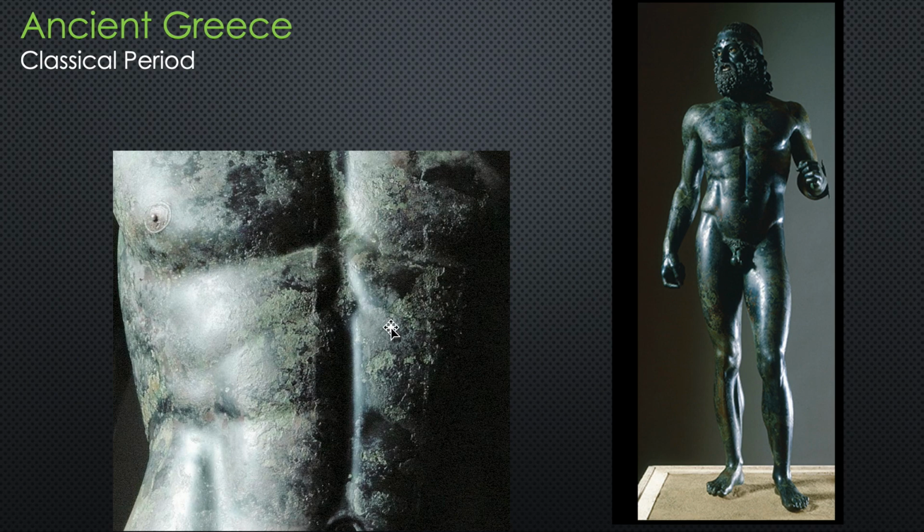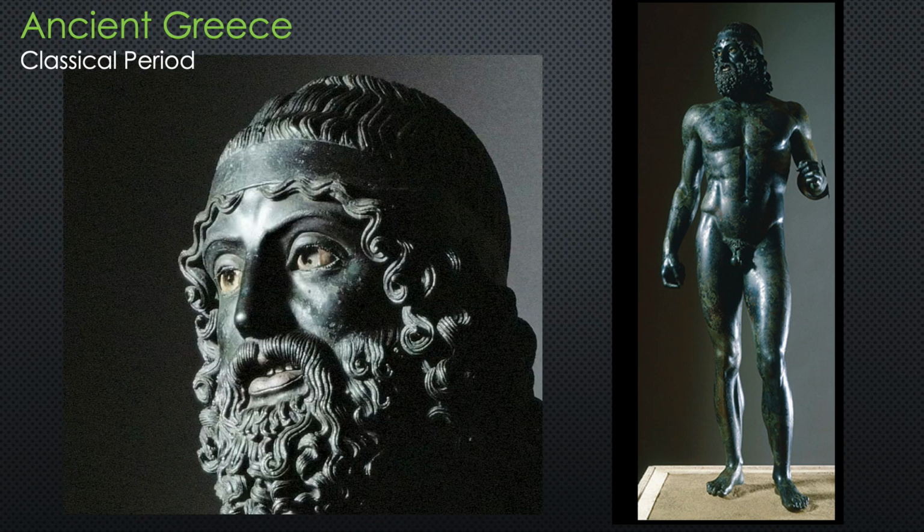Like the nipples, he made out of copper, so that when they were polished, they would be pinker than the body in general. They would have that contrasting color of copper. And on his head, the lips were also copper, and the teeth were silver.